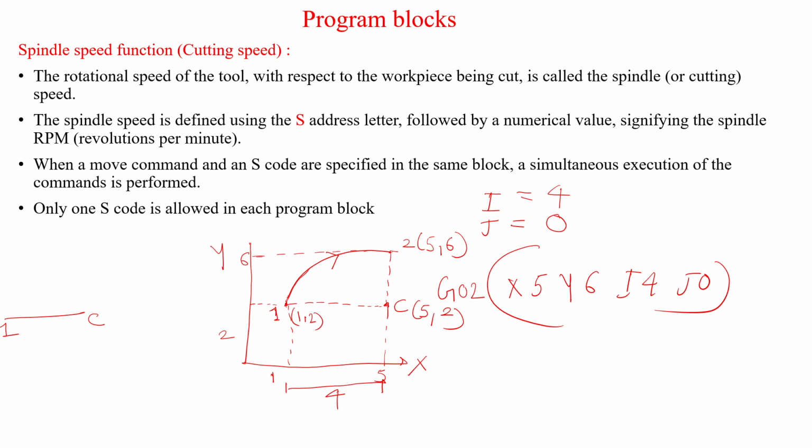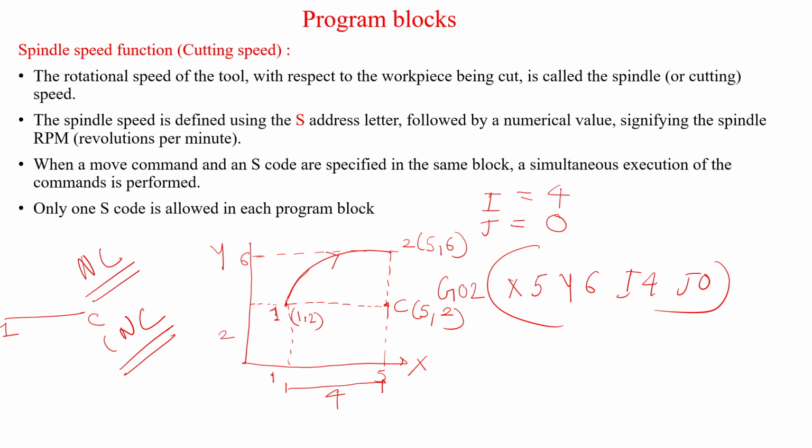One thing, is NC and CNC same thing? No. See. NC is numerical control. CNC is computer numerical control. Numerical control is kind of, you can say, a semi-automated process, because in NC you need to give each and every step.